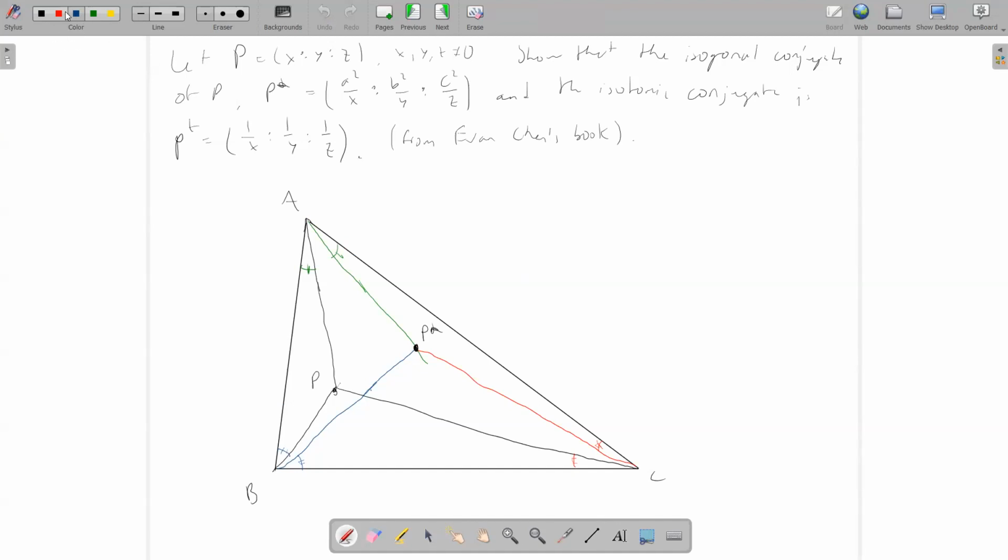For isogonal, you do basically the same thing, but you need an extra property that I maybe should have given to you.